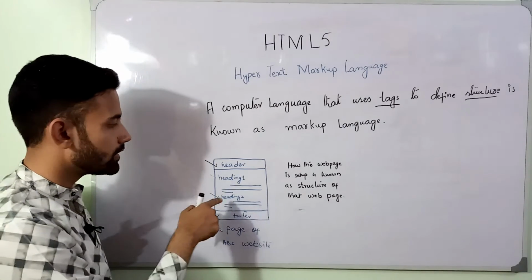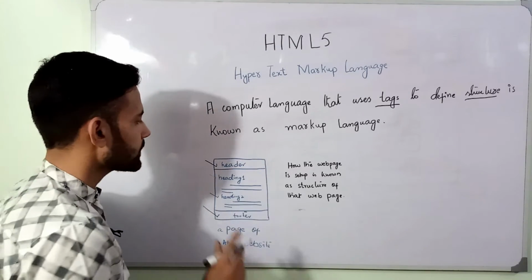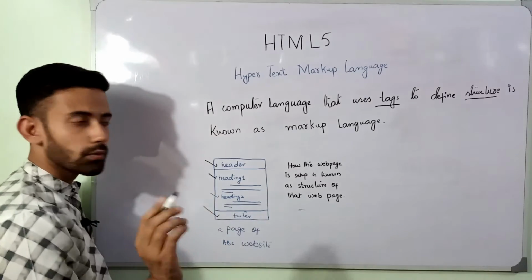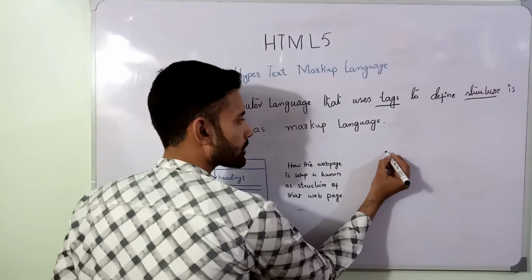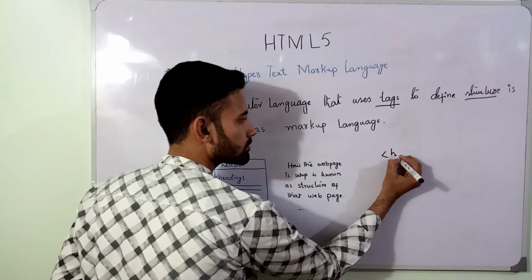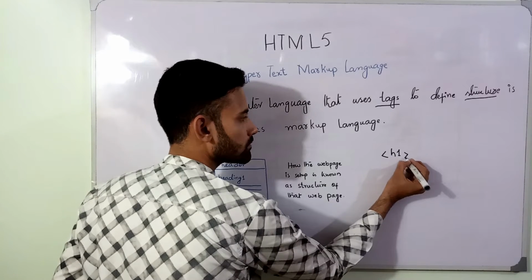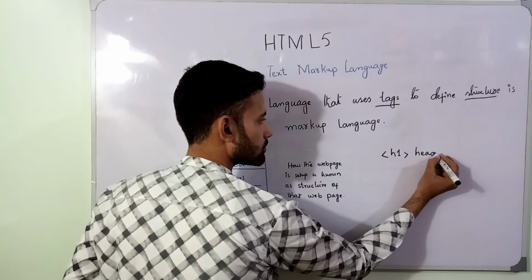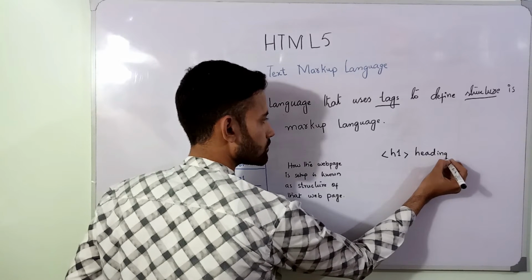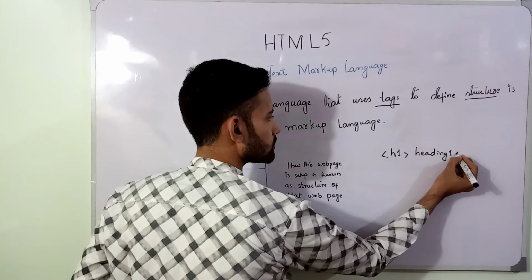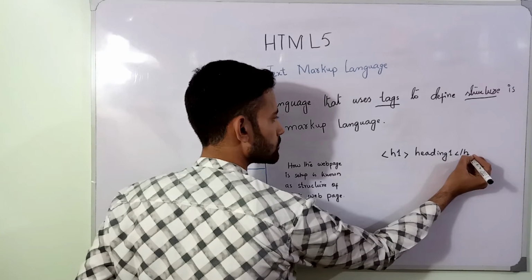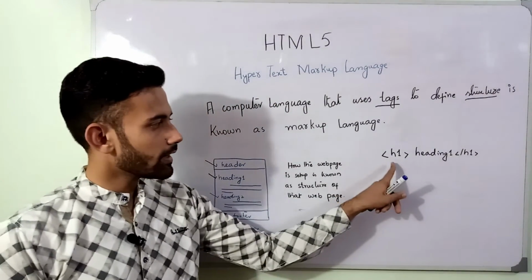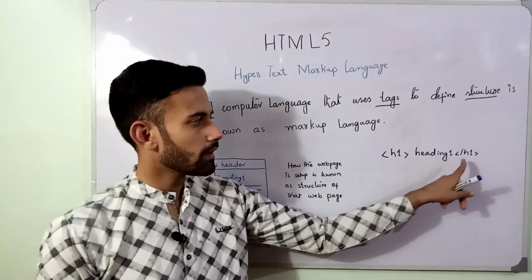Now we are going to use tags to define this type of structure. How will you define the structure by using tags? Well, if I want to tell the browser that this is a heading, I need to write like this. Here I have written H1, heading, H1 close.